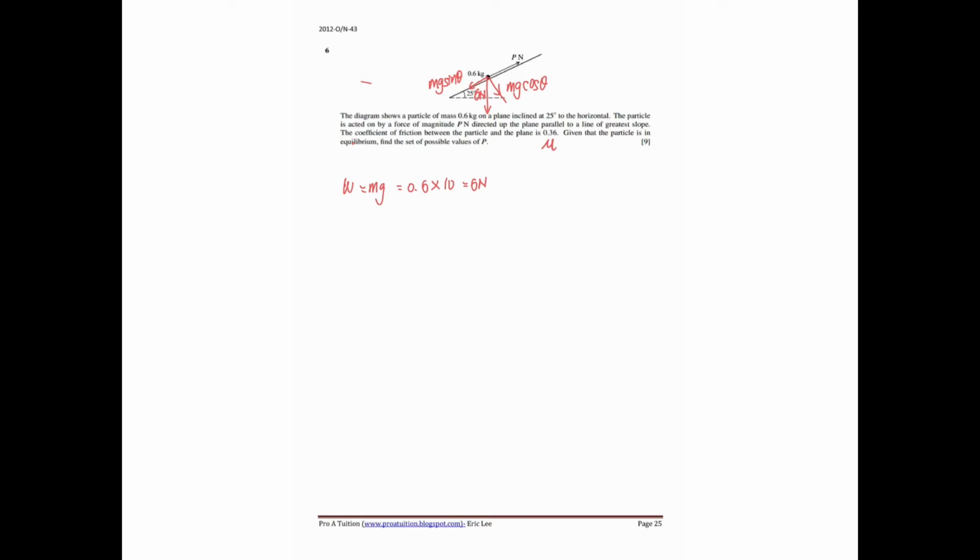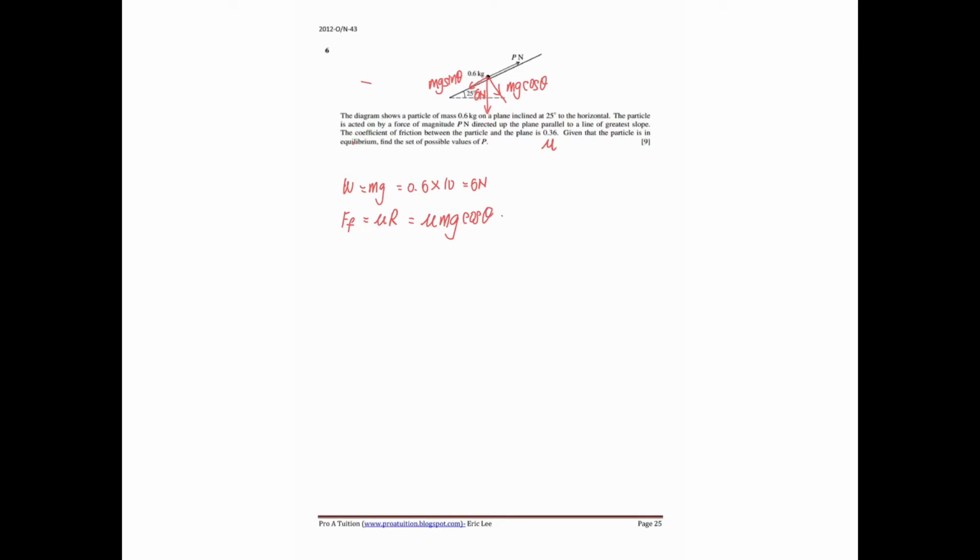Since we want to find out the frictional force, we do it like this. Frictional force equals mu R. Let me start off with the formula first: mu mg cos theta, because R is mg cos theta.